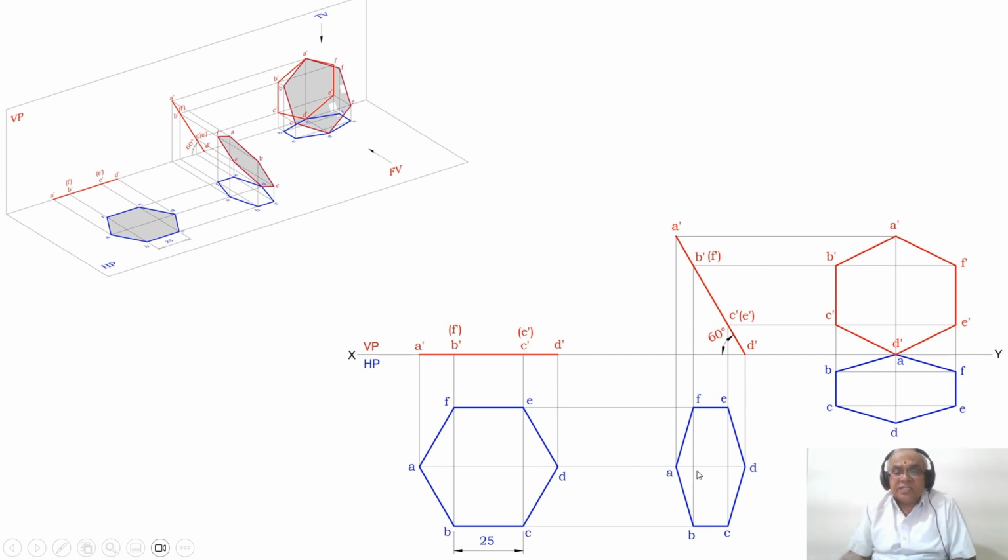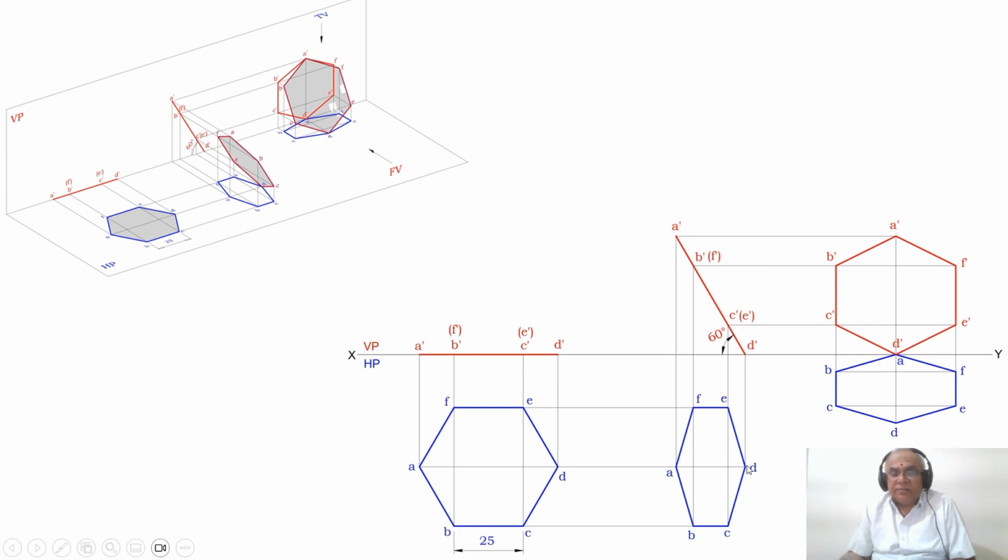Then you measure the distance from this point to B, which is the same as this point to C, the same as this point to F and this point to E. Similarly, with this as center, cut it on this side. You measure the distance from this point to here, and with this as center, cut an arc on this side.